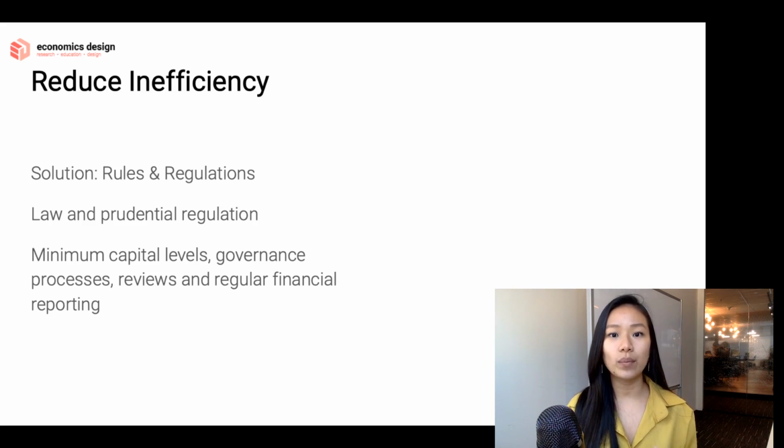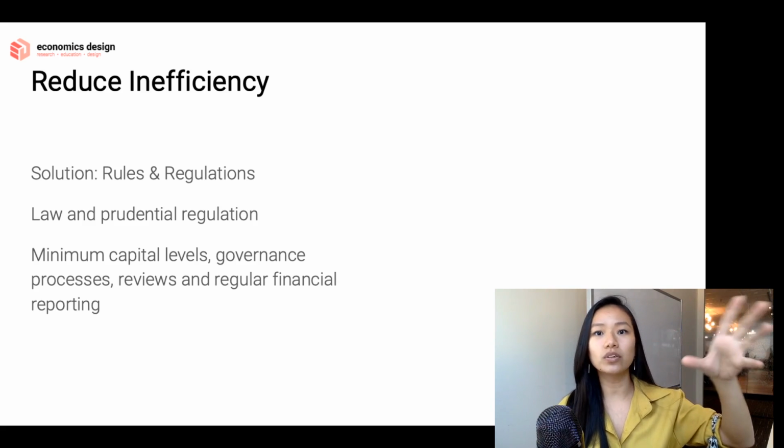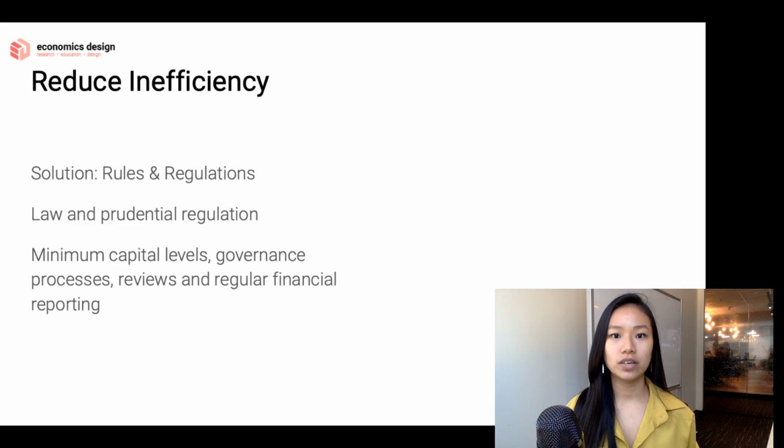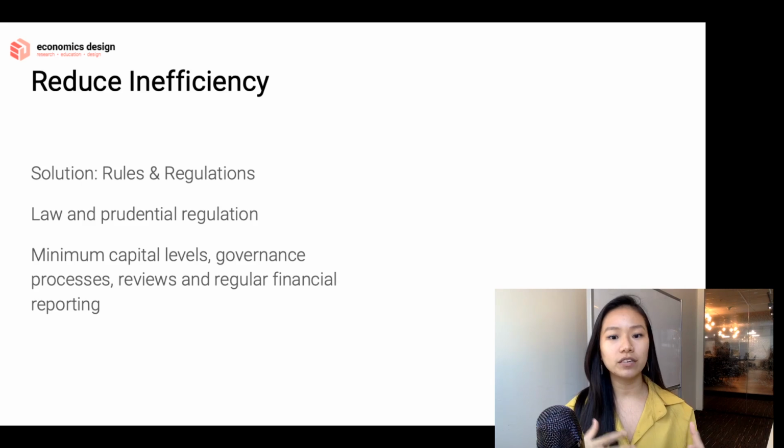One of the ways we do this right now in the real world, in the physical world, the bank's world, the brick and mortar shop, the skyscrapers kind of world, is rules and regulations. This is where the government comes in to provide laws and regulations that you have to follow. Things like a minimum capital level, very long and tedious governance processes, regular financial reporting, reviews, checks.